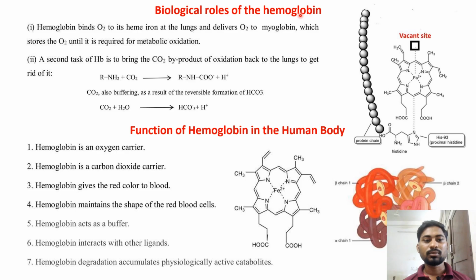The biological roles of hemoglobin. Hemoglobin binds oxygen to its heme iron at the lungs and delivers oxygen to myoglobin, which is present in muscles and stores the oxygen until it is required.